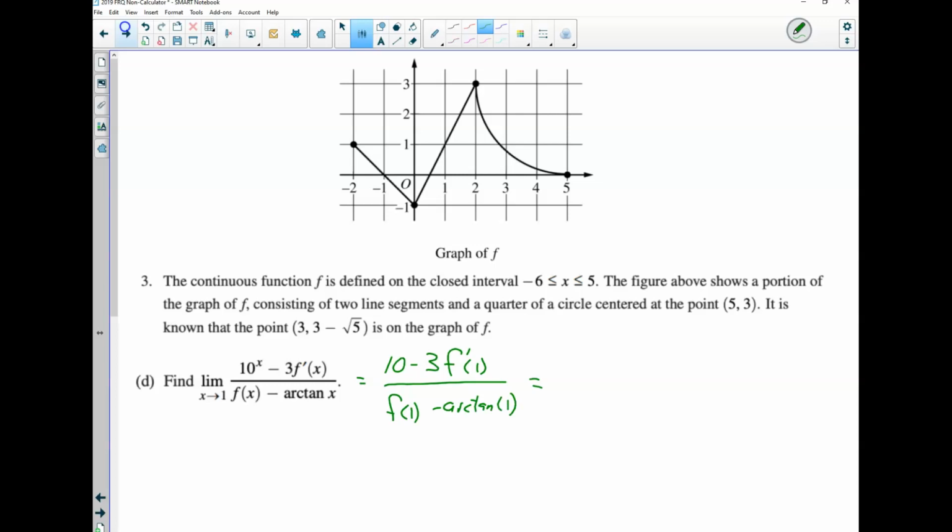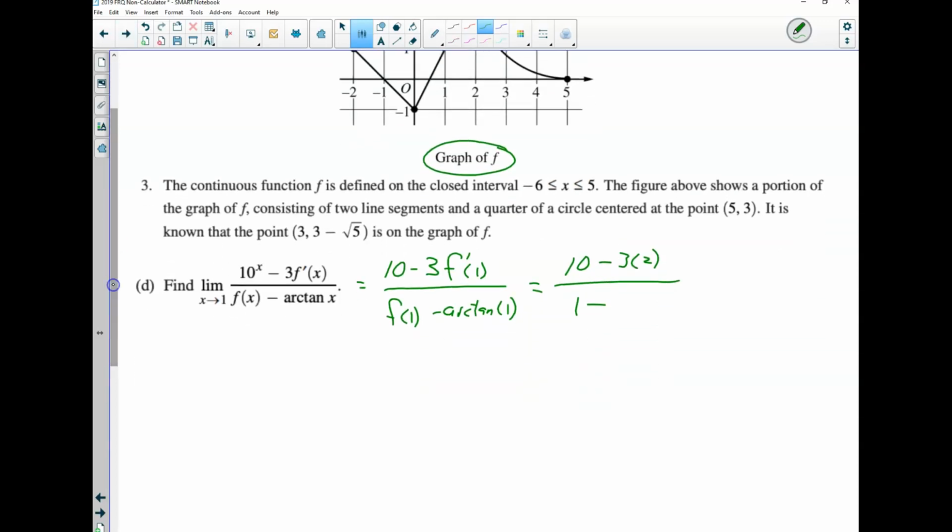Well, this is the graph of f, so f prime of 1 is the slope of that line, which is going to be 2. So this is going to equal 10 minus 3 times 2 over f of 1 is 1 minus the arctangent of 1, unit circle stuff, pi over 4.